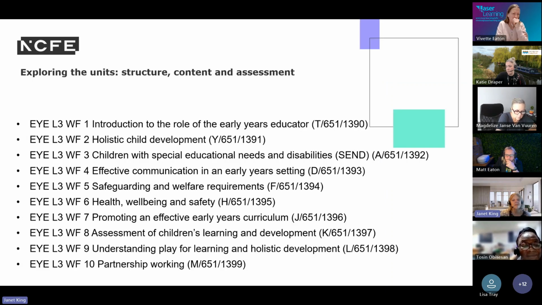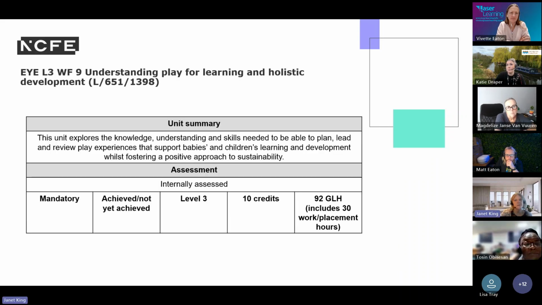And this is how it fits in the context of the qualification as a whole. So I want to look at Unit 9, and as we look there, we can see that it's got a real good 10 credits. It's a meaty unit, 92 guided learning hours. Now, these are only recommended, so if you're teaching this holistically, you're playing with these guided learning hours as long as you're covering that teaching and delivery sufficiently to allow each student that knowledge and understanding, it's absolutely fine.